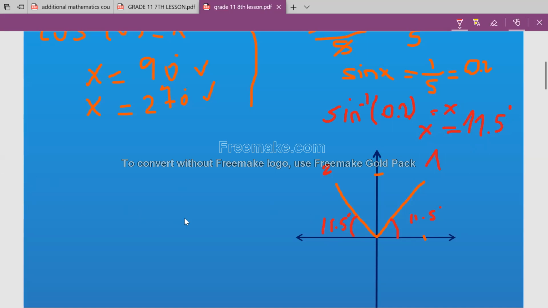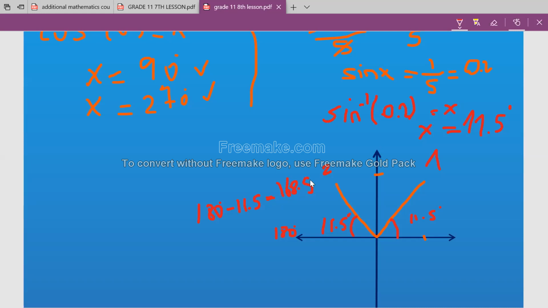So when you do 180 minus 11.5, because it's in the second quadrant, and we know the acute angle between x and that line. So here is 180. We know it. So 180 minus 11.5 is 168.5. This is our second solution.